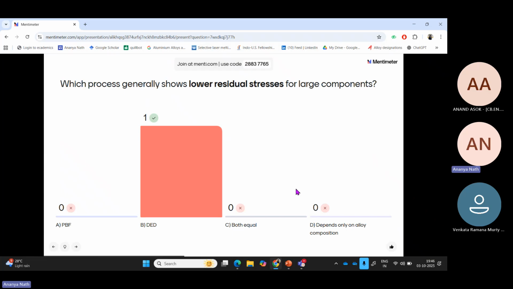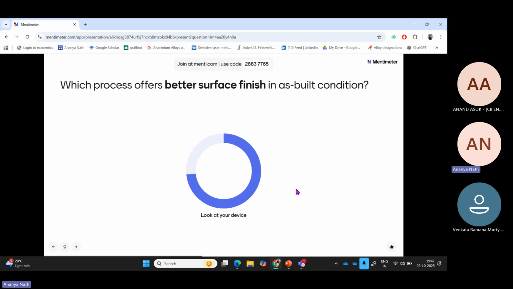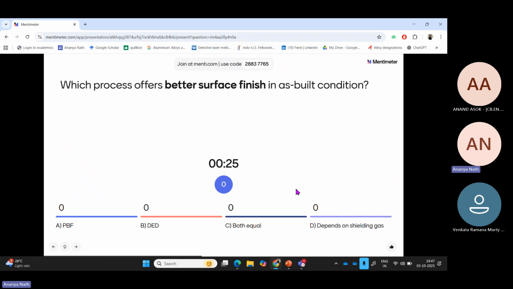In PBF, the cooling rate is much higher, so the residual stress is much higher. That's why DED will give us lower residual stress. These questions will increase your knowledge in that particular topic, I believe.